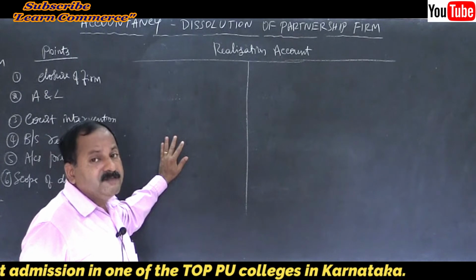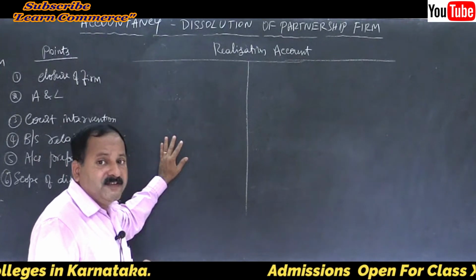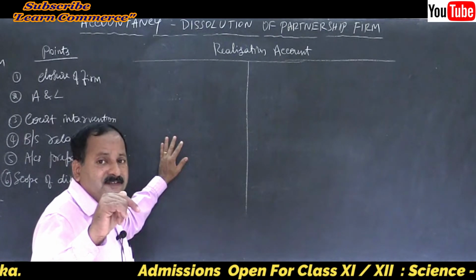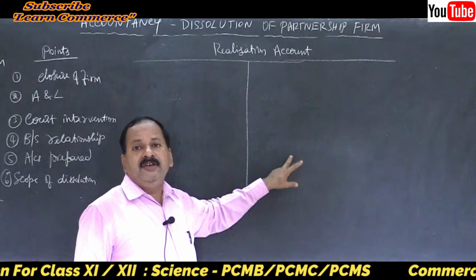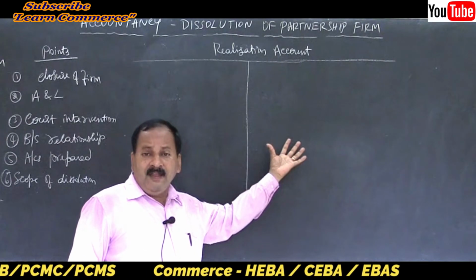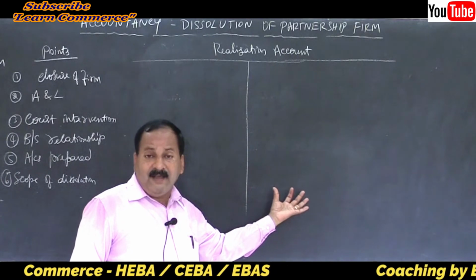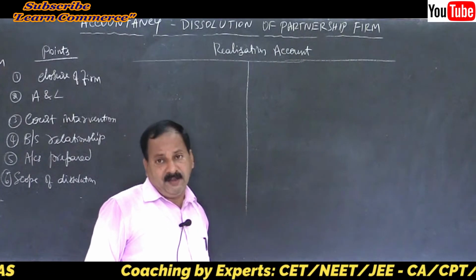So, if nothing is mentioned regarding intangible assets, you have to treat it as having no value. And here you should not enter it. You should not realize it. While recording the sale value of the assets by bank, you should not record goodwill here.